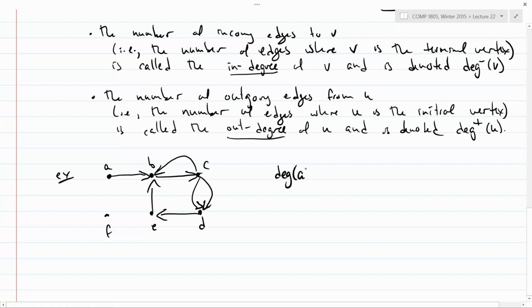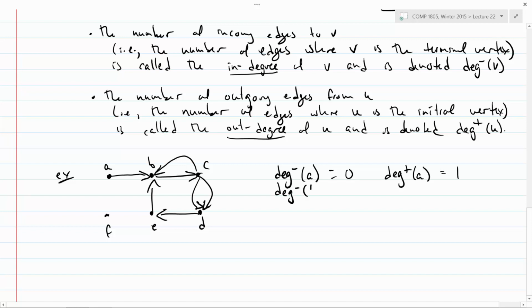What is the in-degree of A? 0, right? Nothing leads into A. So the in-degree of A is 0. What about the out-degree of A? 1, right? There's one edge out of A, it leads to B. All right.